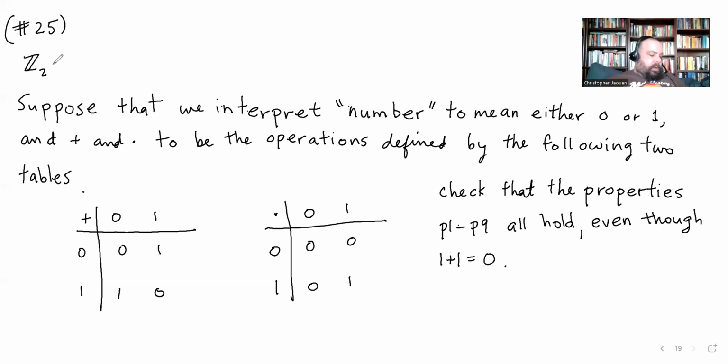Let me go back so I can see what the list of the field axioms are, so I can do them one at a time. All right. So let's go to the next page. So P1 is the associative law for addition.